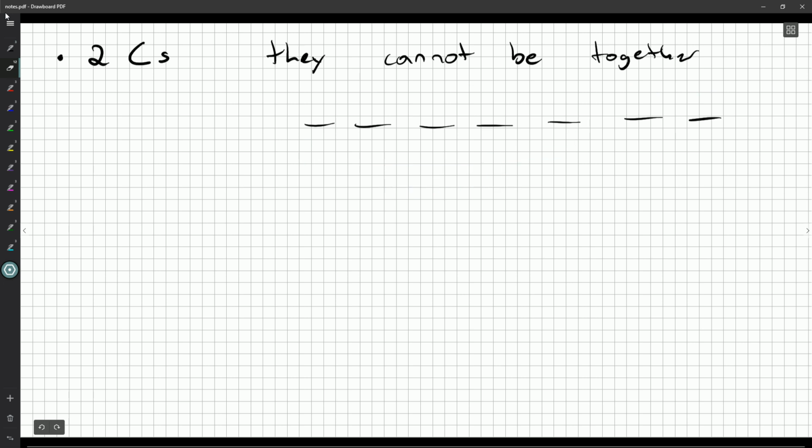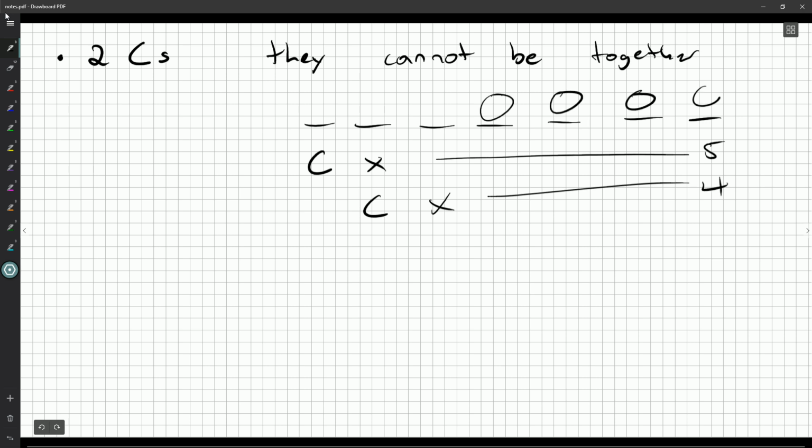Now, if I place a C here, I can't place a C here. I've got 5 choices for where to place the next C. If my first C is here, I can't place a C here. I've got 4 choices where to place the next C. Here, here, here, or here. And this keeps going. 3 choices of where to put the next C. 2, and finally, you just can't.